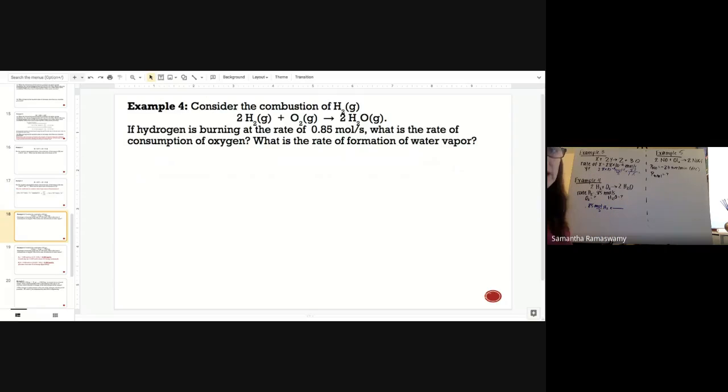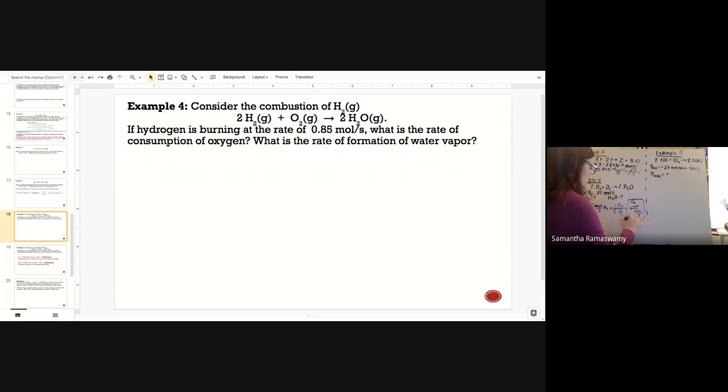And so what we can do is just look at our balanced equation. So we need oxygen and water. So I'm going to look at H2 compared to O2. So for every 2 H2, we need 1 O2 that's consumed. So 0.85 divided by 2, 0.425 moles per second.